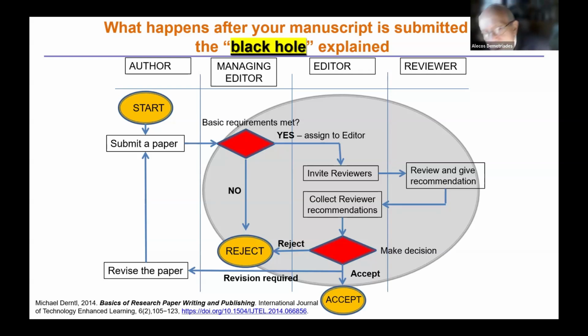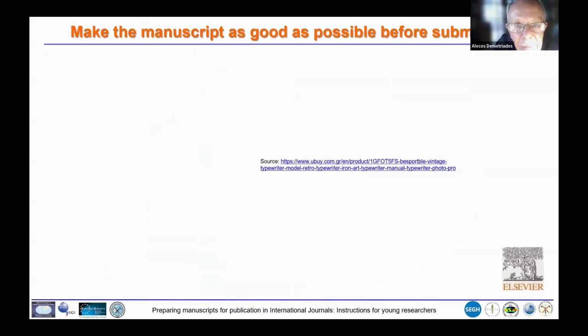Sometimes there is a conflict between the reviewers, and if one says accept or reject, and the other says revision, and so on, the editor has to decide, or he has to send it to another reviewer. Anyway, in any case, a decision has to be made, and it's either accepted or rejected. And if a revision is required, they tell you to revise the paper.